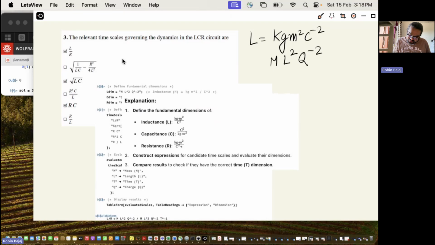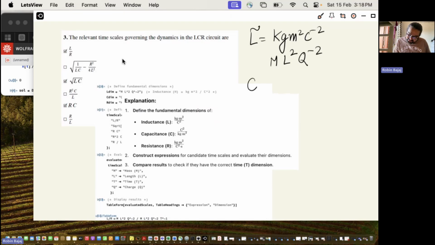Let's do this. So L is clearly kg meter square coulomb minus square. So it's nothing but M L square Q minus square. That's the L, it's inductance. Let's define it by L dim.